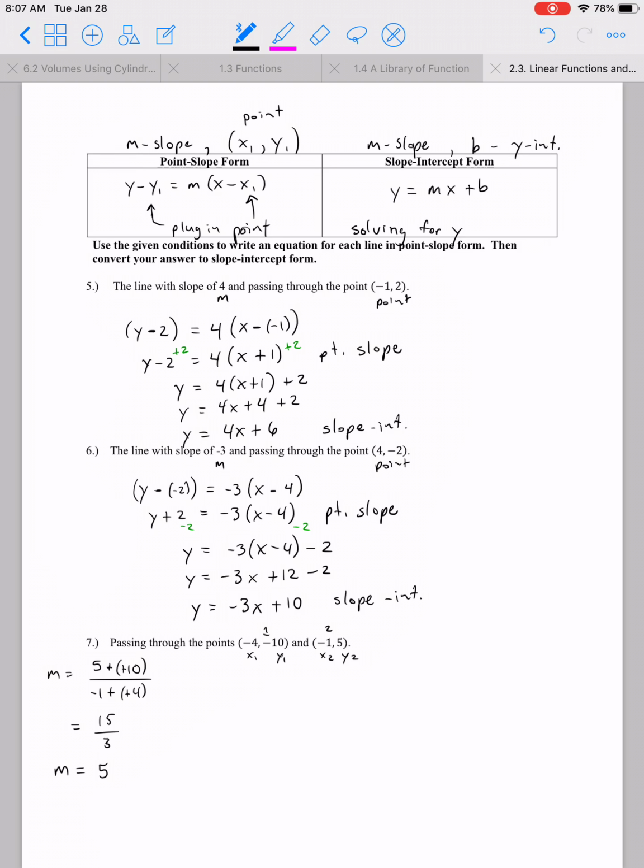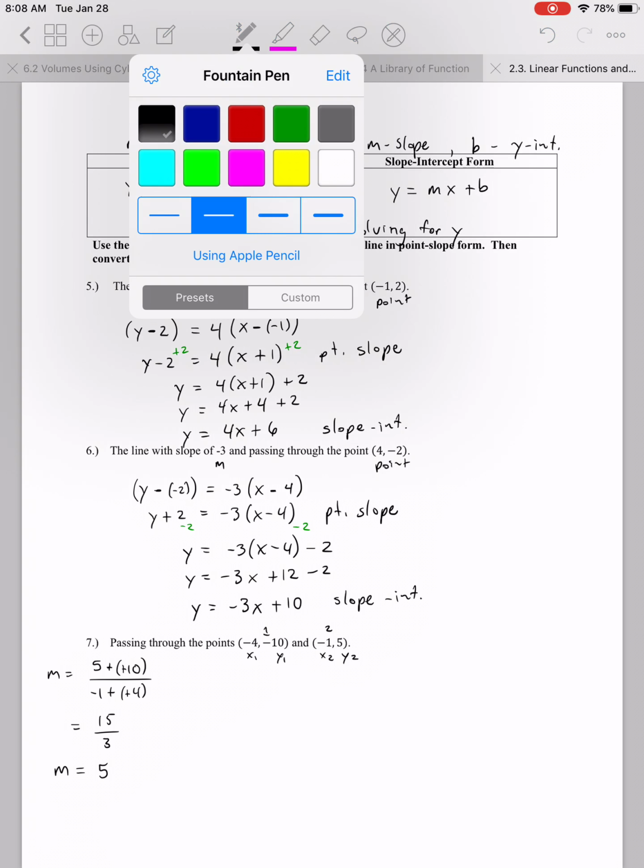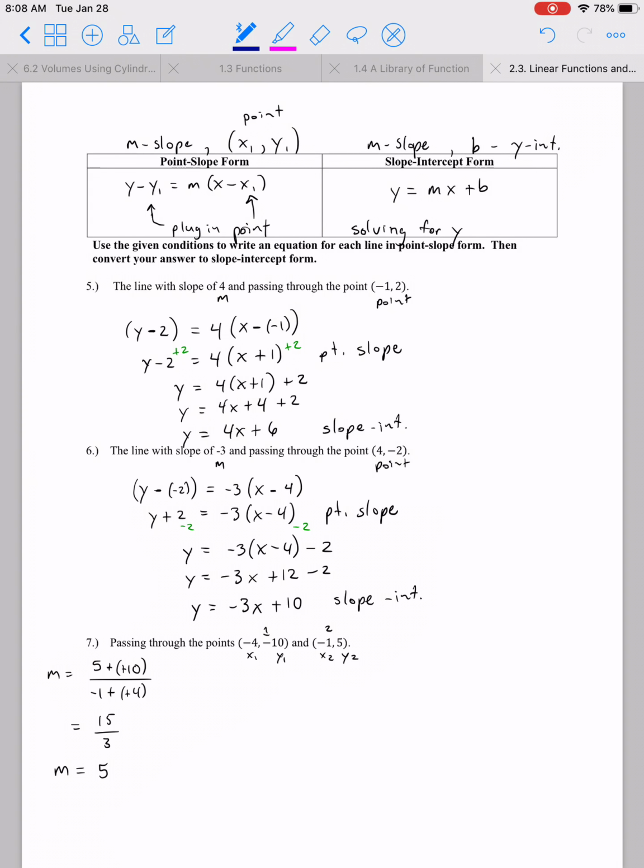And then you might be wondering, which of these 2 points do we pick to actually solve this? And so we're going to try each one. So let's start with the first one. We'll do y minus y1, which is the -10. I'm picking the left point, the first one, and then I'm going to do the slope times x minus x1.